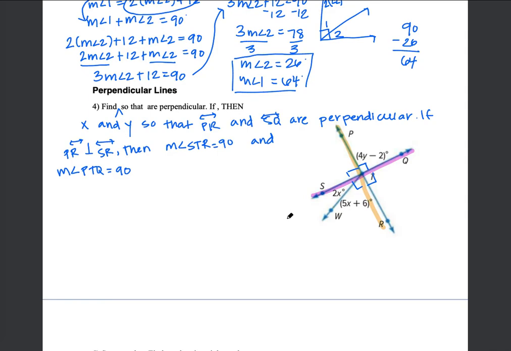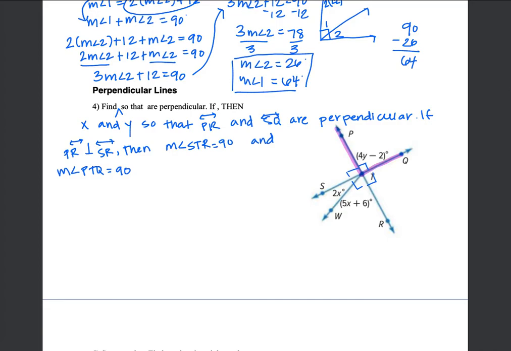Okay, well, let's start with y. Let me erase what I highlighted. Let's look over here. So I know that this angle right here, angle PTQ, is equal to 90 degrees, right? Because if these two lines are perpendicular, then PTQ is 90 degrees. I also know that PTQ is equal to 4y minus 2. So let me write that down, using a different color.